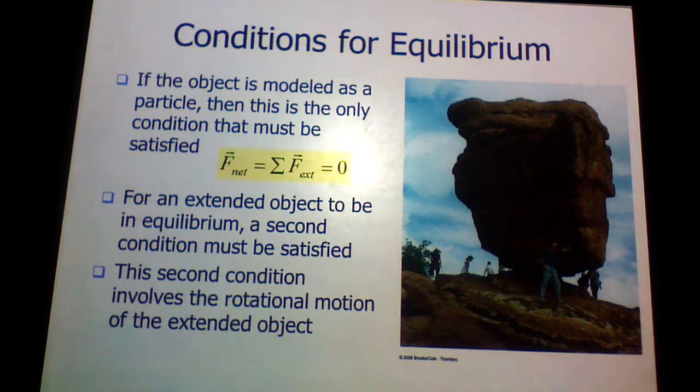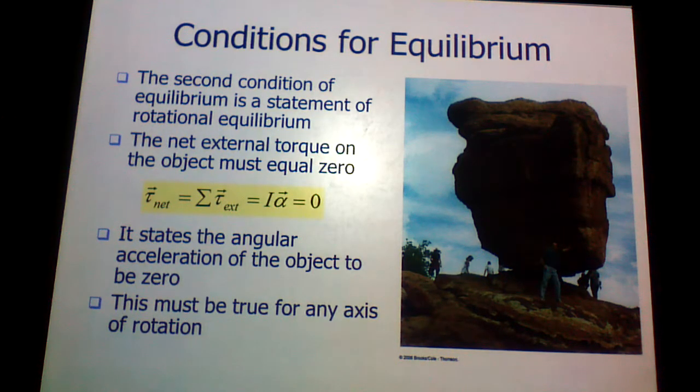The second condition for equilibrium has to deal with rotational motion. The first was translational motion, but now if I think about rotational motion, I want to think about torque. I want the net external torque acting on an object to also be equal to 0.